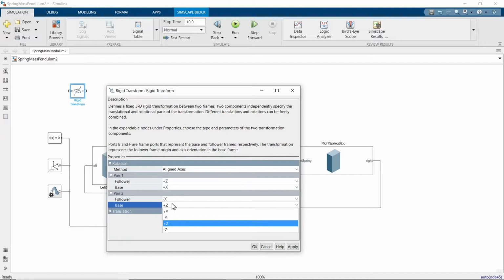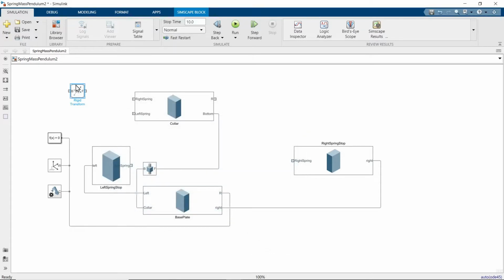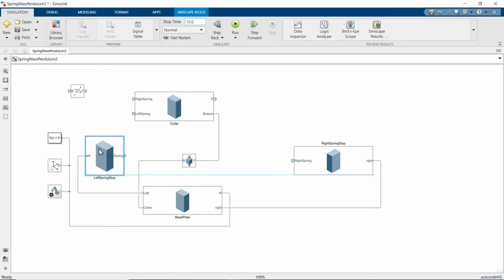And negative x to negative z. I'll put that here. This is our rigid transform. We need to place one on either side of this prismatic joint. So put one here. And put one here.